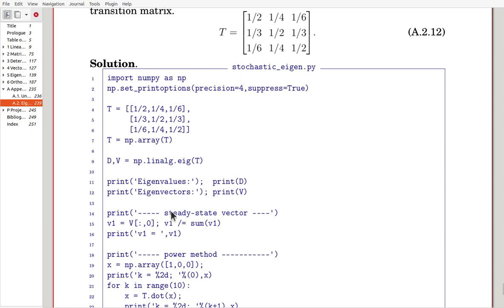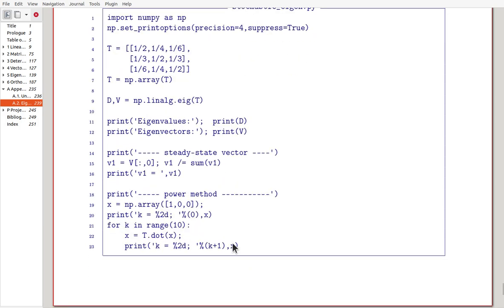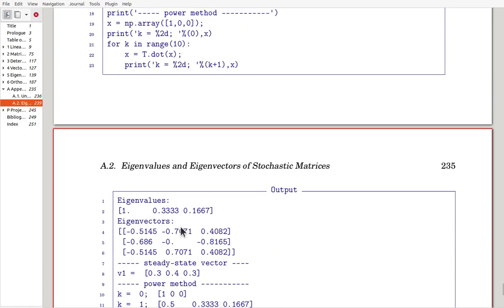So we print out. Now by using the power method, we start from 1, 0, 0, and we multiply by T again and again, and print out. We multiply by the matrix 10 times. Let's see the output.